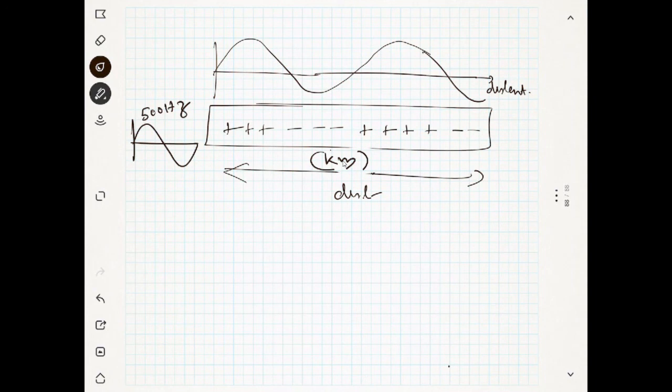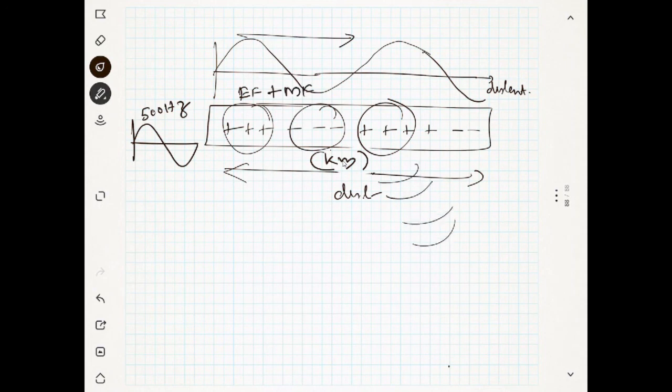Since you have different charges at different positions, you have an electric field, and the current is moving in this direction, so you have a magnetic field. So the radiation will come out of the wire like this. Yes, you will get an electromagnetic field. You understood?